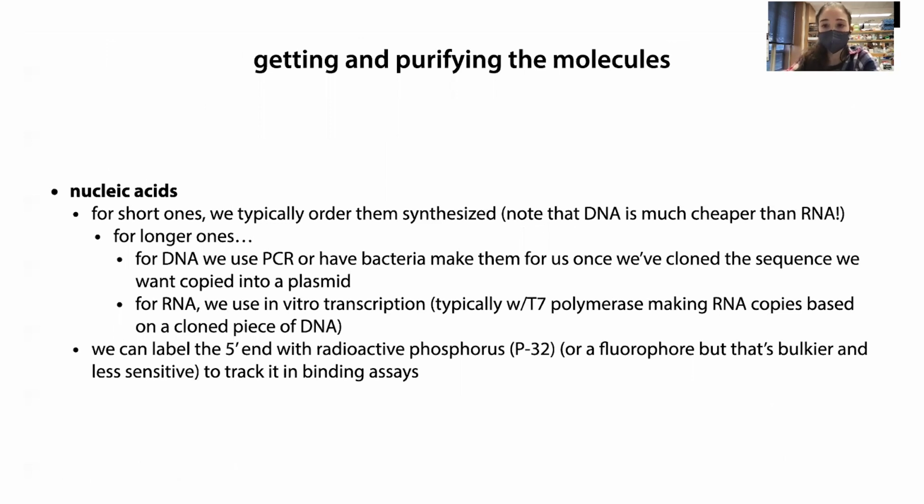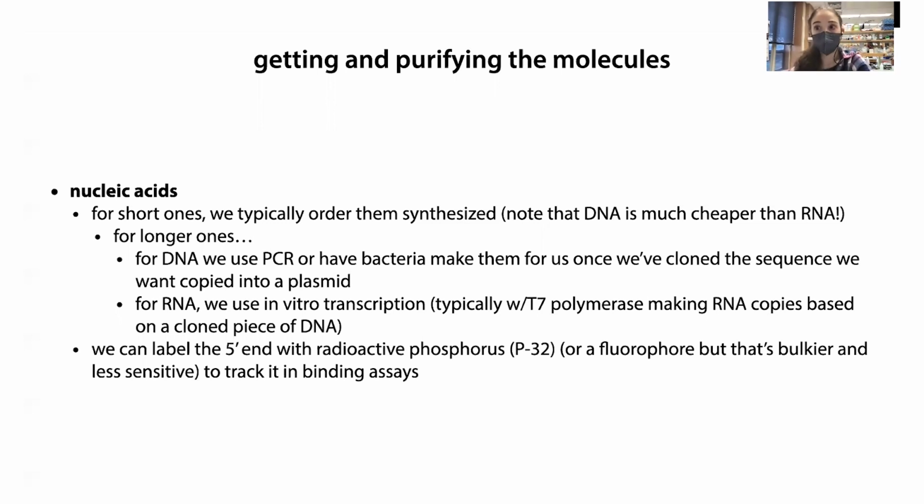So for nucleic acids, this is easier typically. For short ones, we normally order them synthesized. You might have had primers synthesized, so short pieces of DNA. The DNA is usually much, much cheaper than the RNA because RNA has that 2' OH that makes it less stable and harder to synthesize, because that group has to be protected and all this different stuff.